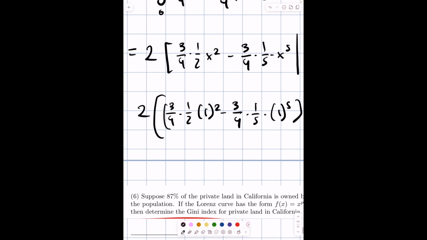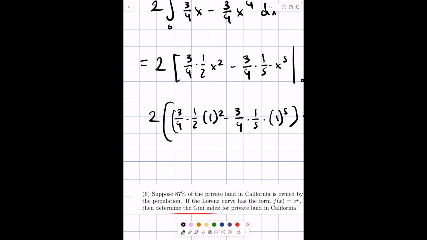You just need to simplify this now. 3 over 8 times 2 is just 3 over 4.